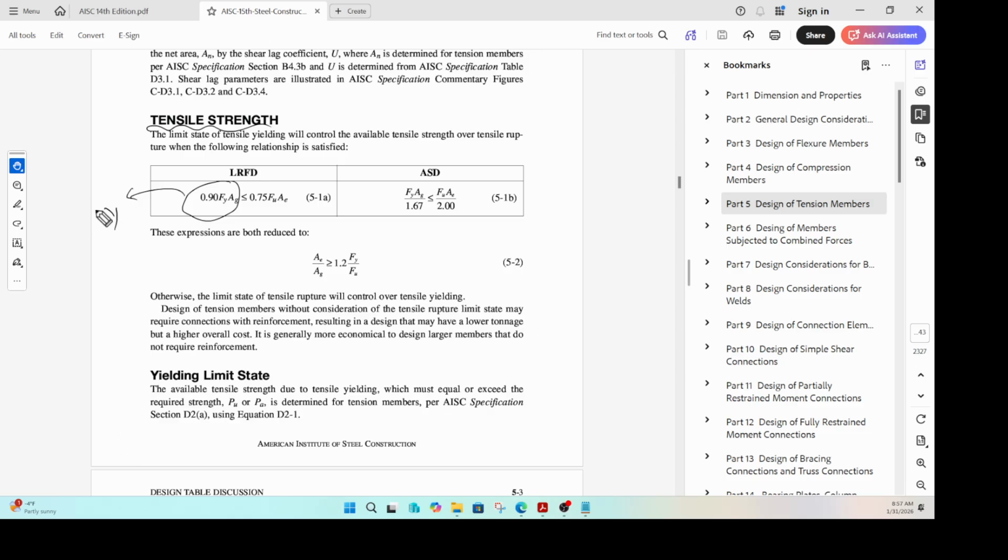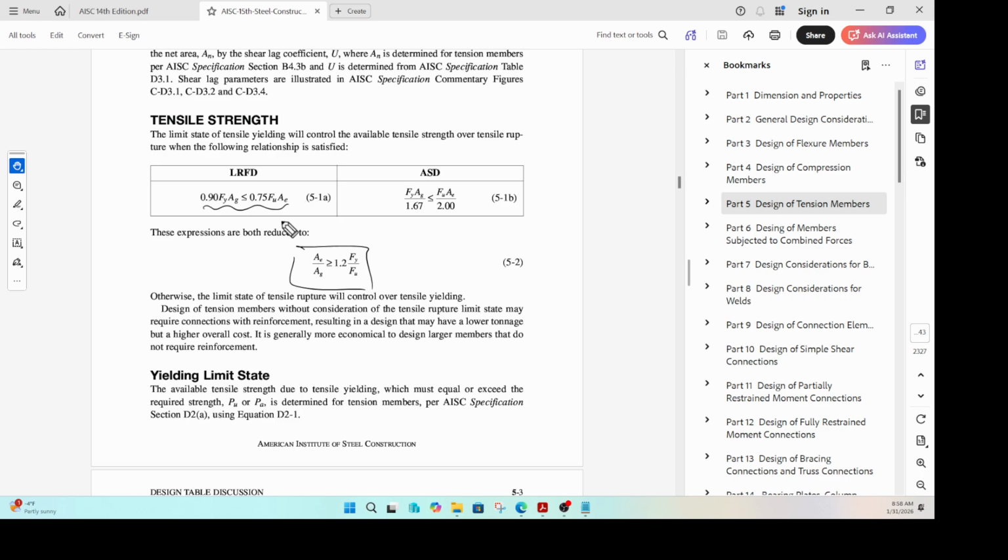This is how you calculate your yielding strength, and this is the formula that you use to calculate your rupture strength. This section is just saying that for that to happen, you need to satisfy this criteria. This is just a function of your AE, AG, FY, and FU. Then this is applicable. But again, this is not useful in an exam setting.